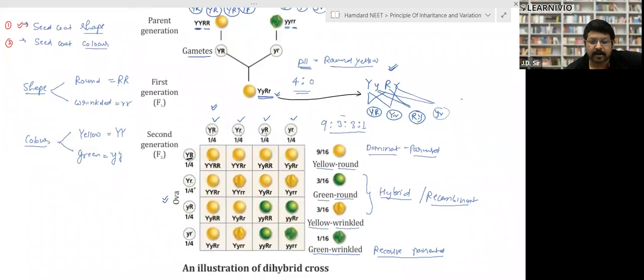When we make all the crosses, again taking the next one and multiplying, we get 16 combinations. Then what will the result be? 9:3:3:1, right? Out of 16, the phenotypic ratio will be 9:3:3:1. Out of these, 9 will be yellow round, 3 green round, 3 yellow wrinkled, and 1 green wrinkled. Is it clear?